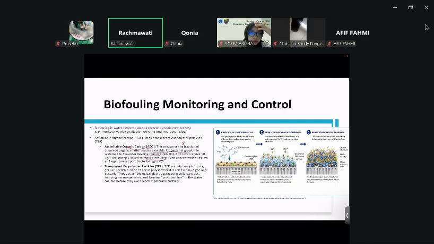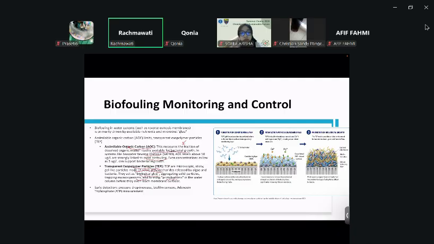And you can also use the transparent exopolymer particles, which are macroscopic sticky gel-like particles made of acidic polysaccharide, released by the algae and bacteria. They act as a biological glue, aggregating solid particles, trapping microorganisms, and forming protobiofilms in the water column before they even reach the membrane surface.